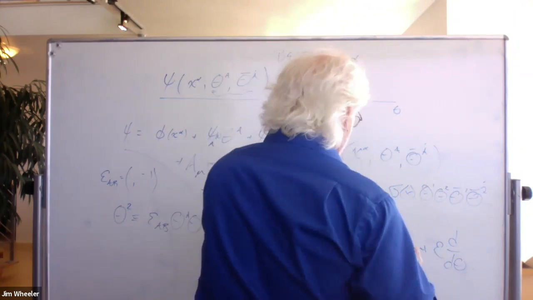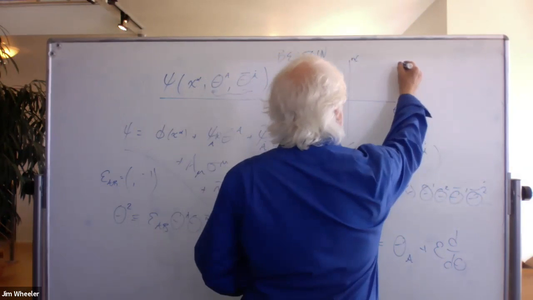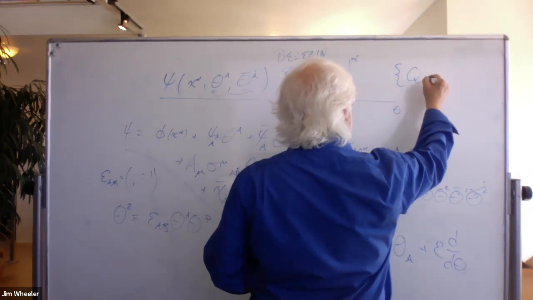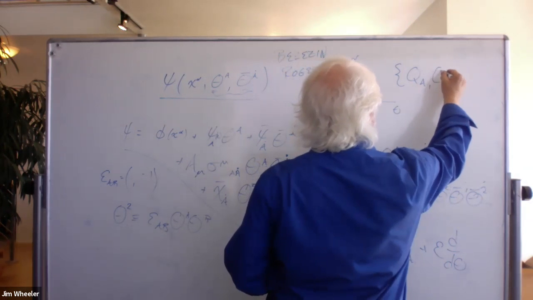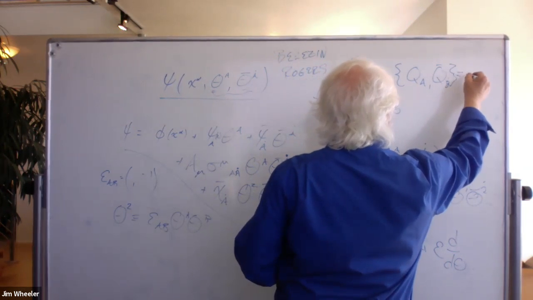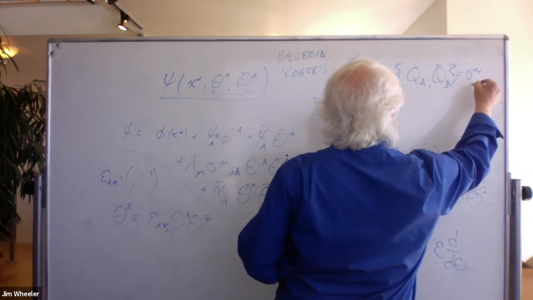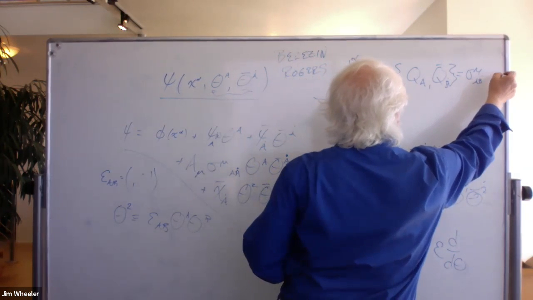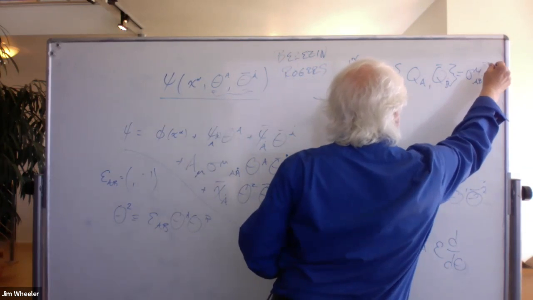But these Qs satisfy anti-commutation relations. And what you have is a sigma A B dot with a translation generator.